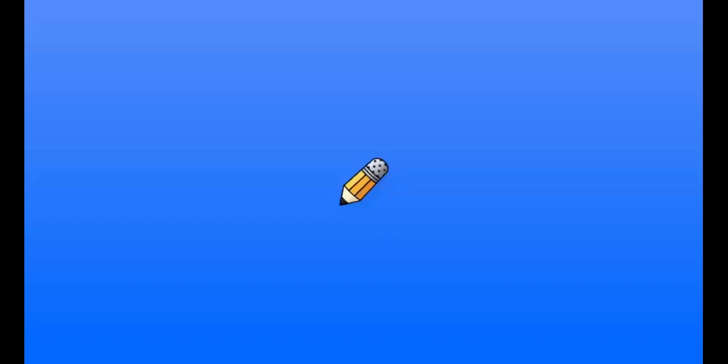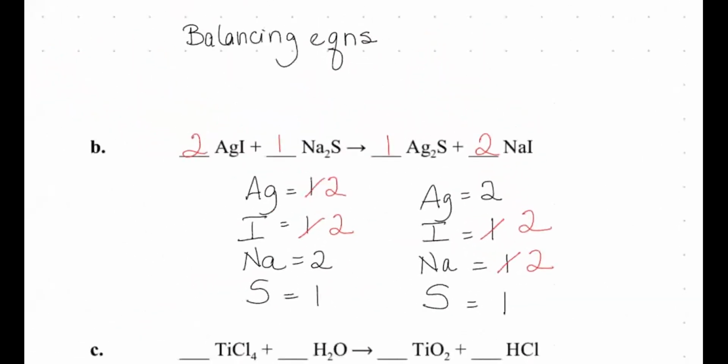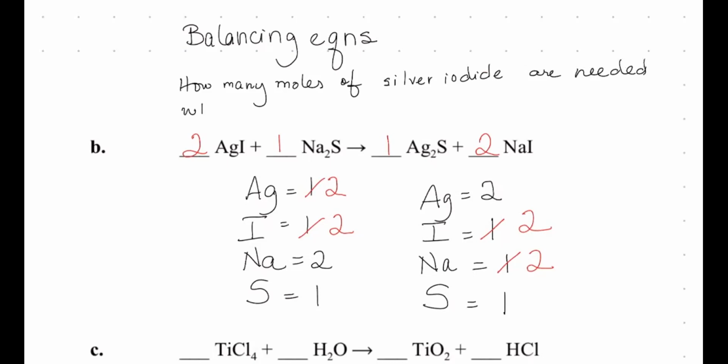So if I go to the problems that we were doing when it comes to balancing equations, and if I ask you: how many moles of silver iodide are needed when 4.2 moles of sodium sulfide react?